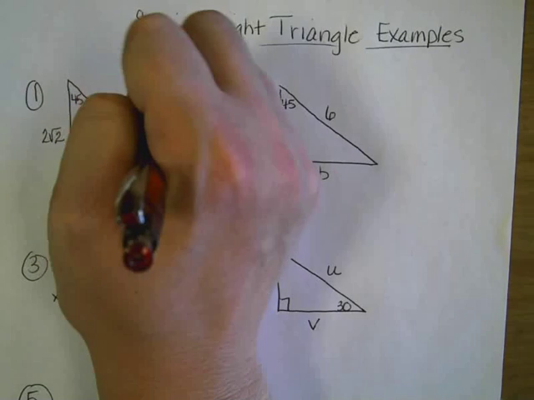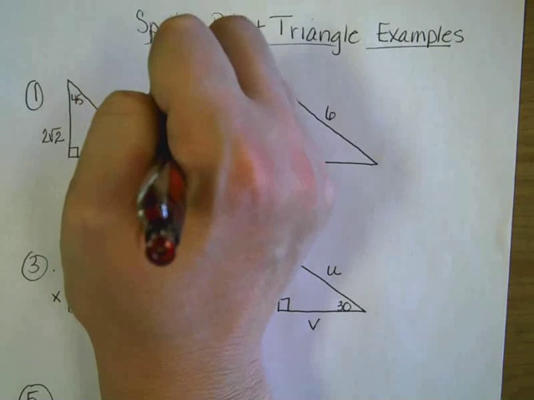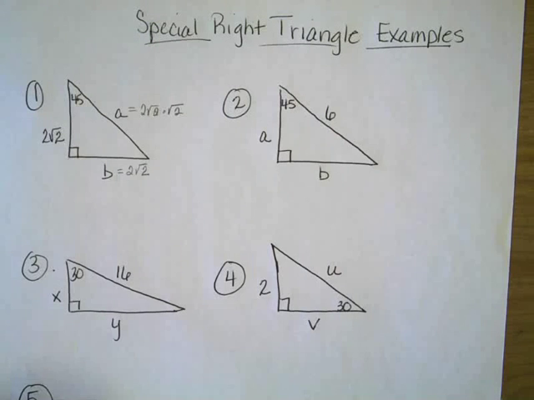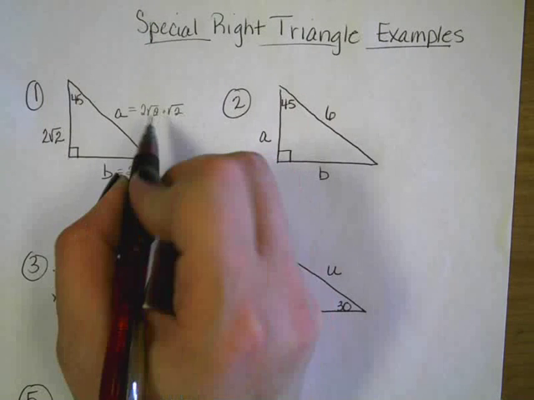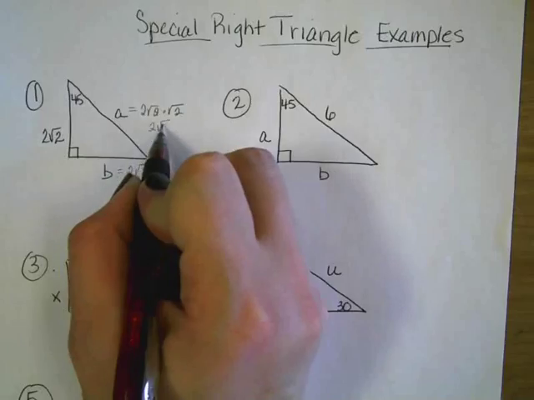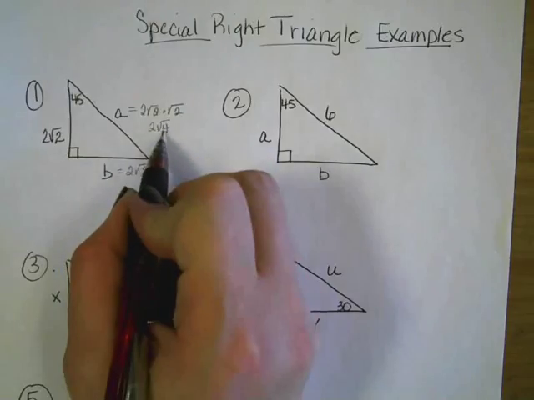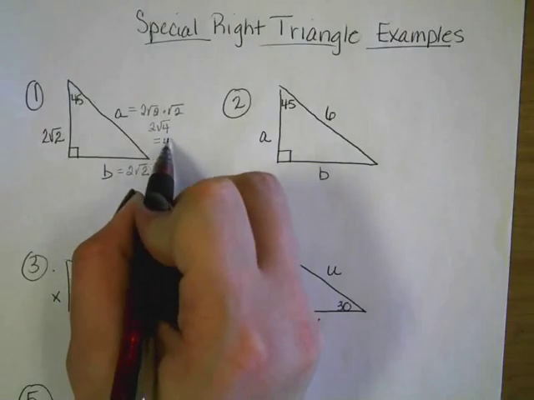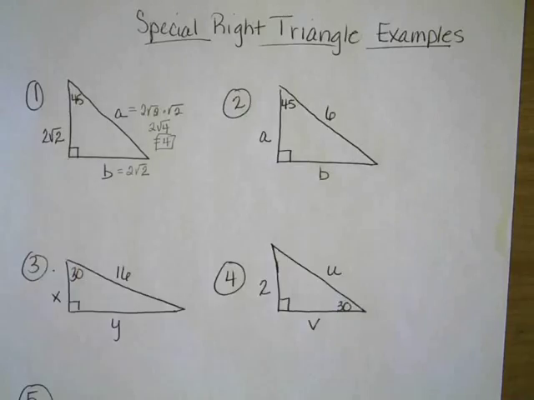So we're going to go 2 root 2 times square root of 2. Square root of 2 times the square root of 2 is the square root of 4, which is 2, and 2 times 2 equals 4. So the hypotenuse is 4, and the two legs are 2 root 2.